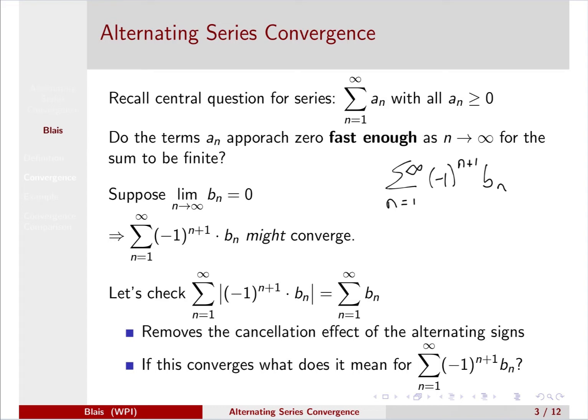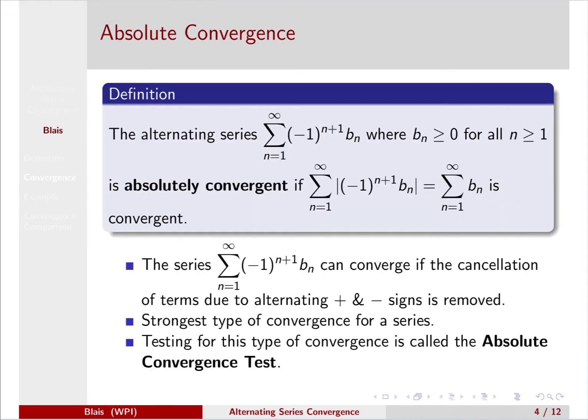And we noted that the first thing we do is check for this strong type of convergence, which we defined as absolute convergence. So we check the sum of the absolute values of the terms, which removes the alternating signs, plus, minus, and turns everything to plus. And if that series converges, we say our alternating series is absolutely convergent.